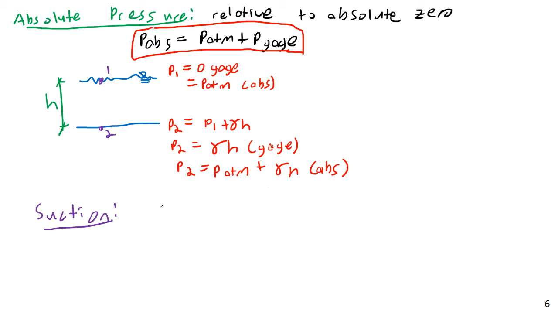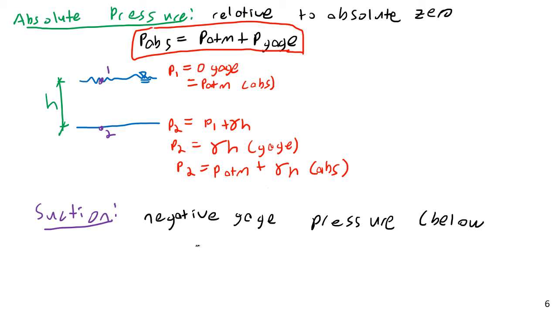However, you can have negative gauge pressure, in other words, below atmospheric pressure. Suction, or the illusion of suction, or what we describe as suction, will be generated when the gauge pressure in a system is less than atmospheric pressure.